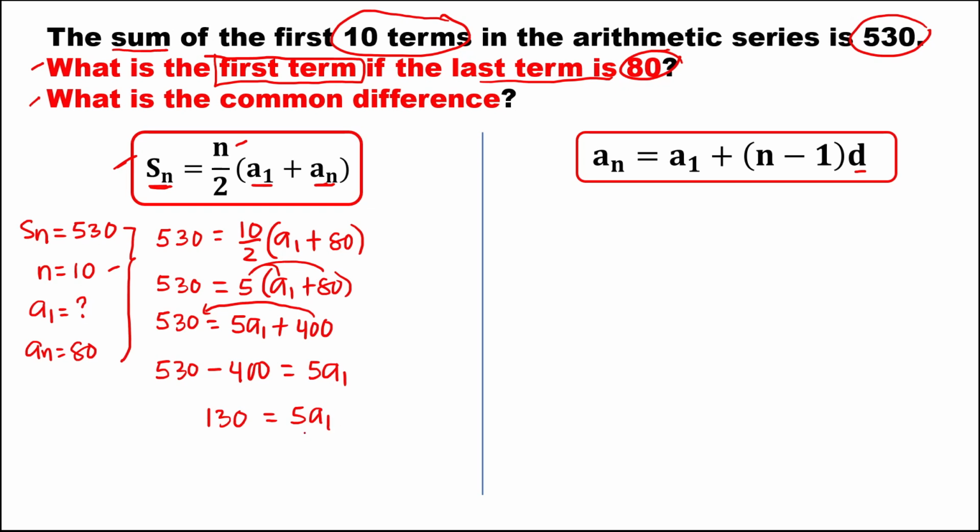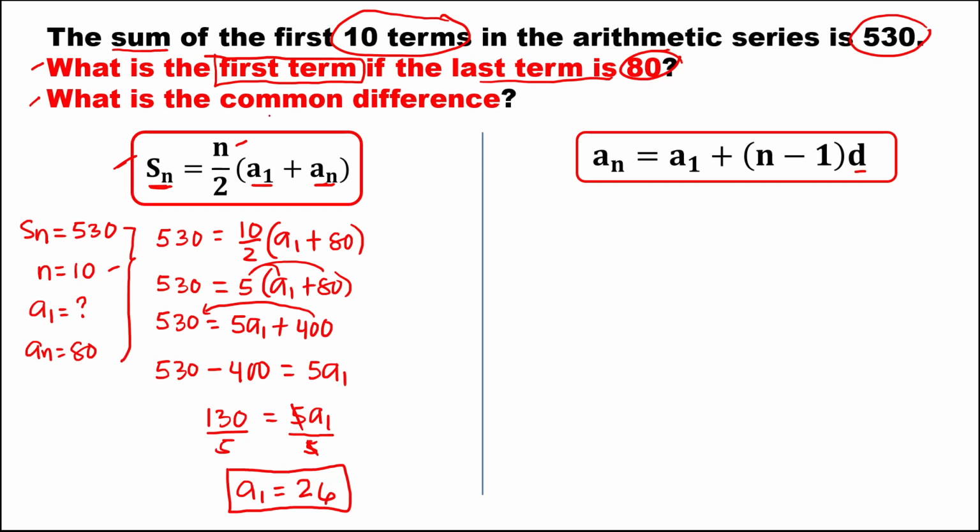Then to solve for the first term, divide both sides by 5. So the first term equals 130 divided by 5. So this is equal to 26. So therefore, the first term is 26.